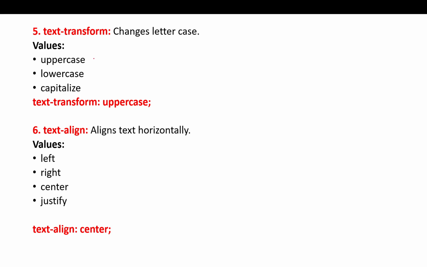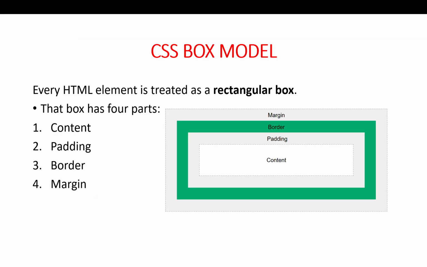We may change the text from uppercase to lowercase, lowercase to uppercase, or we can capitalize the letters and so on. And the text alignment aligns text horizontally. So either you want to align your text left, right, center, justify, and so on.